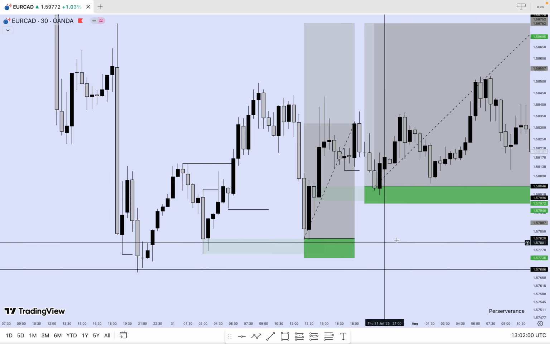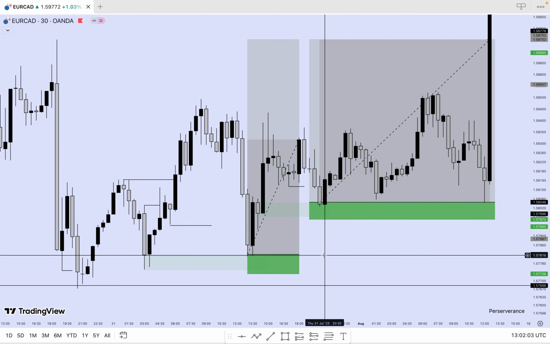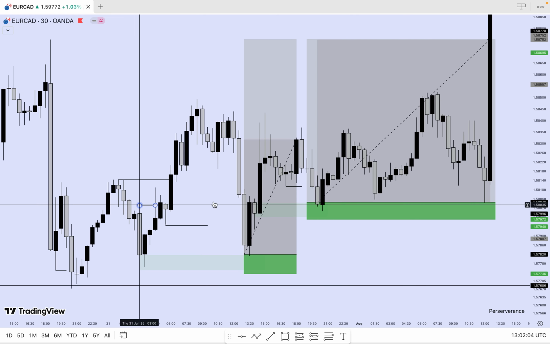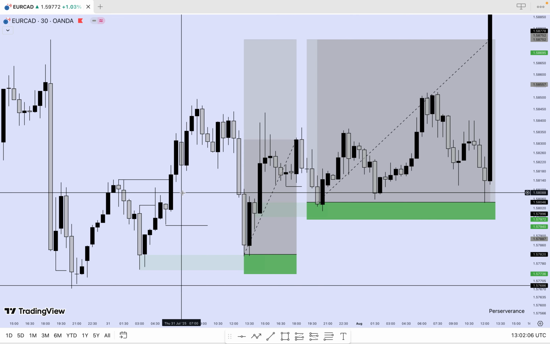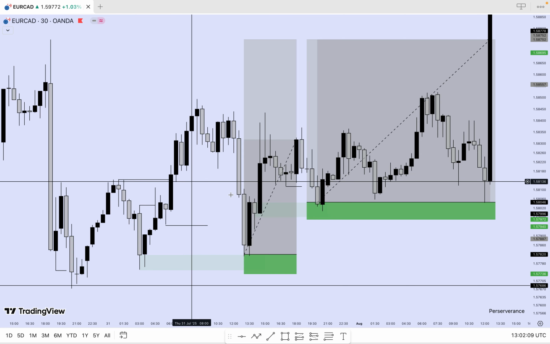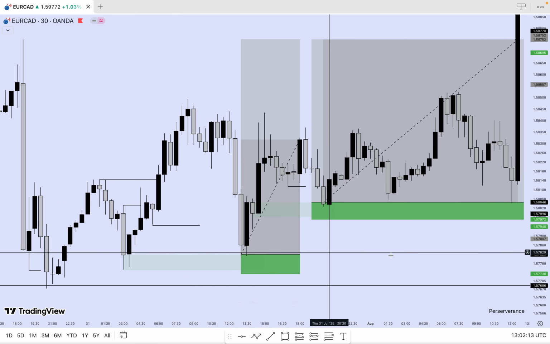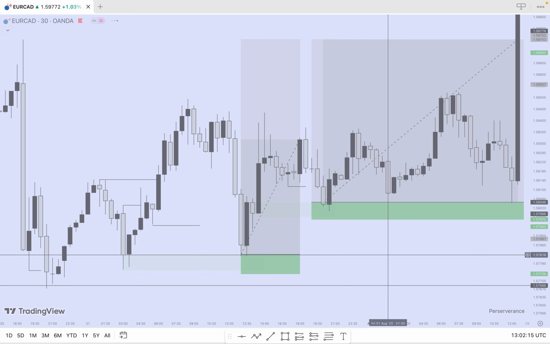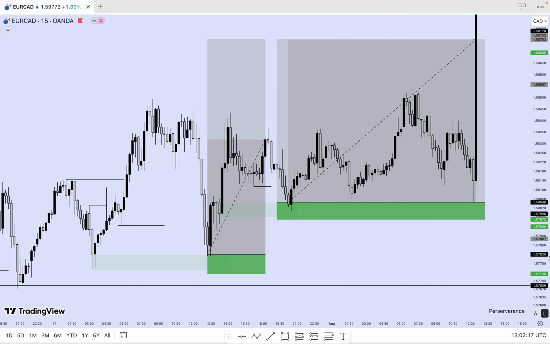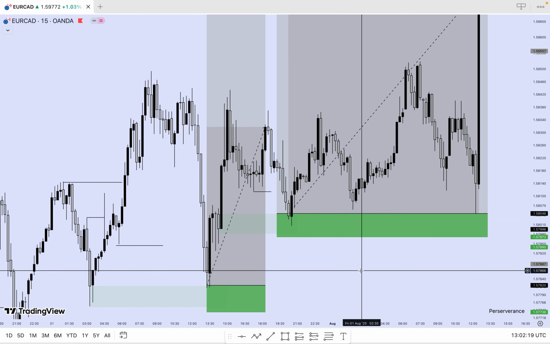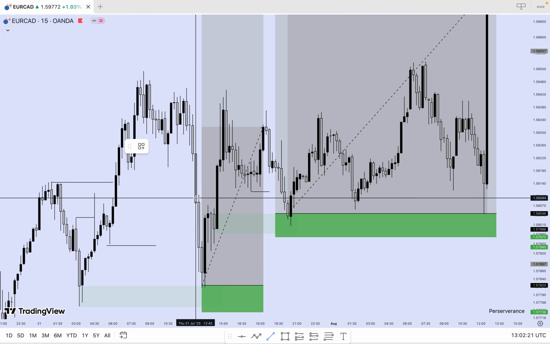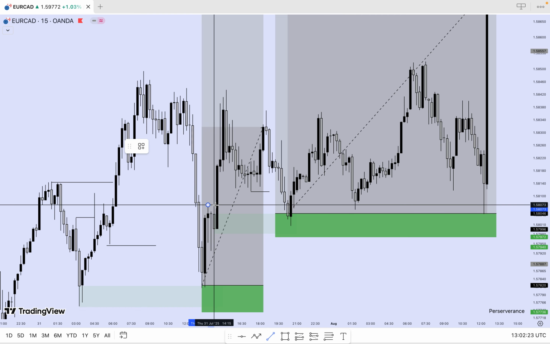This second entry is basically the same thing, but instead of a market structure shift, because price is already in an uptrend, we have a break of structure. Let me go down to the 15 minutes time frame. So we have a break of structure here.